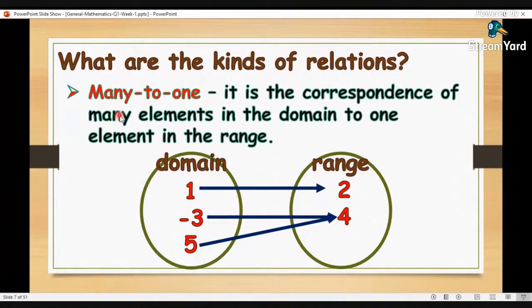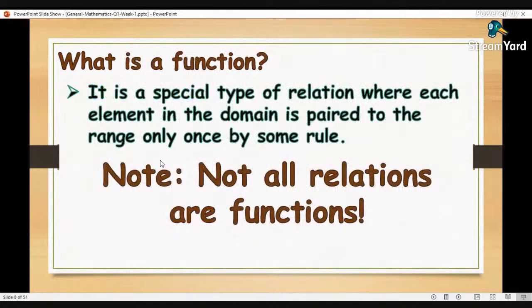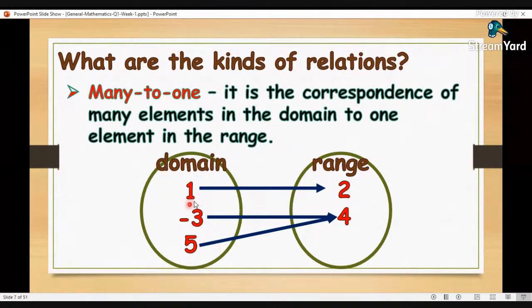Many to one. Okay, many to one is when there are many in the domain that correspond to only one in the range. So, if we go back to the definition, it says each element in the domain is paired to the range only once. Even if two men court one woman, it is still a function, because that girl has the right to choose whom to choose, like C -3 or C 5.